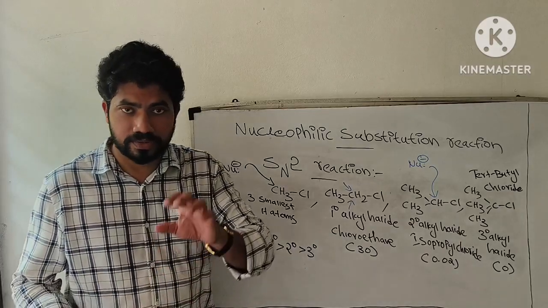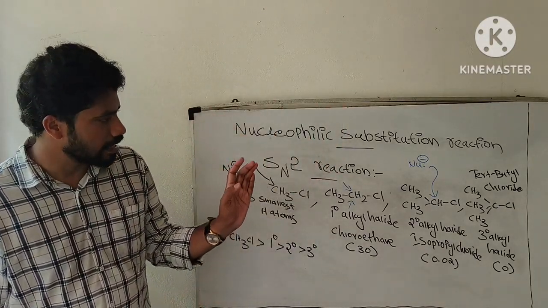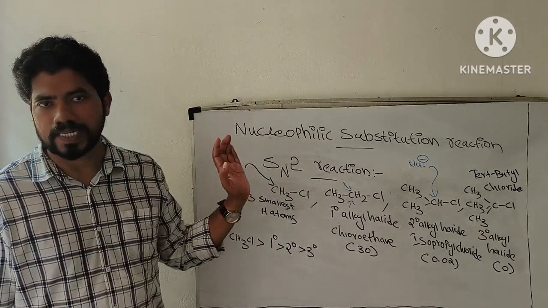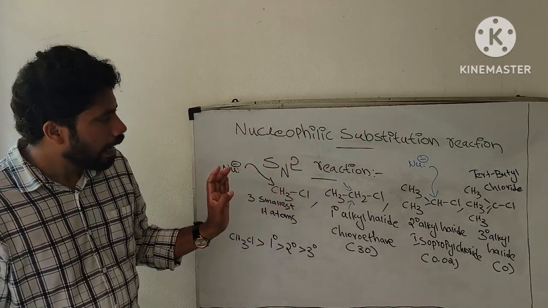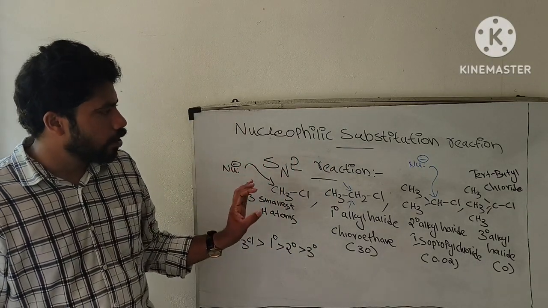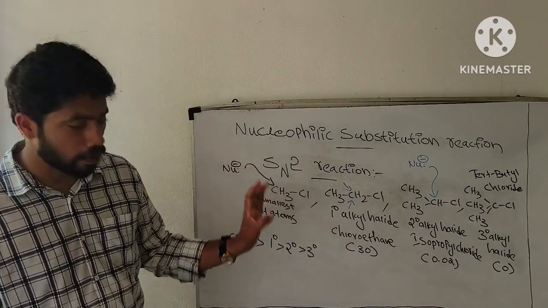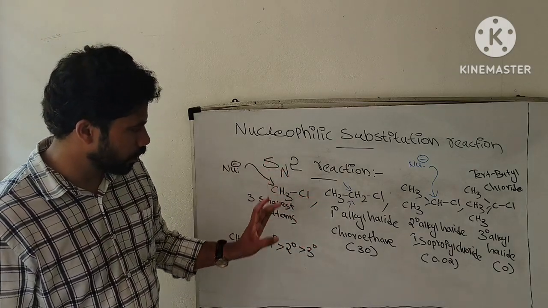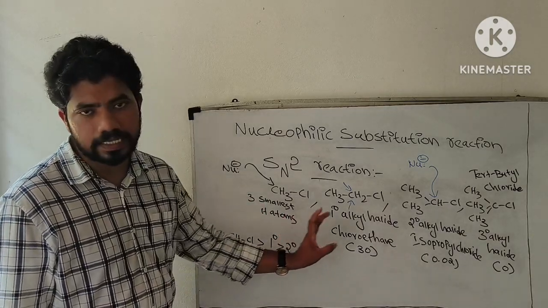Okay, students, today we have discussed nucleophilic substitution reaction. It is classified into two types, SN1 and SN2. Primarily, we discussed SN2 reaction and its mechanism, and now we are discussing the order of reactivity of different alkyl halides. We found that CH3Cl has the most reactivity towards SN2 reaction, then primary, then secondary, then tertiary.